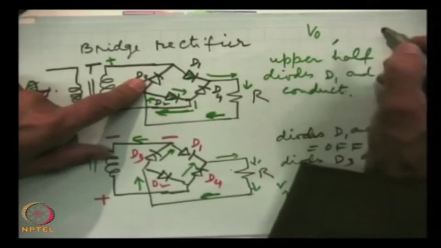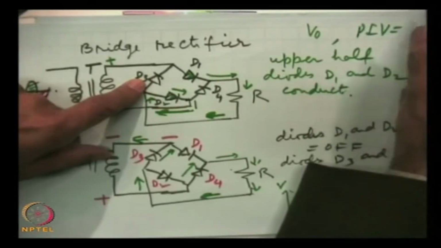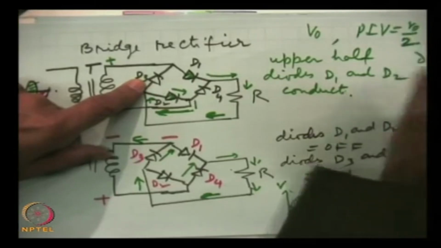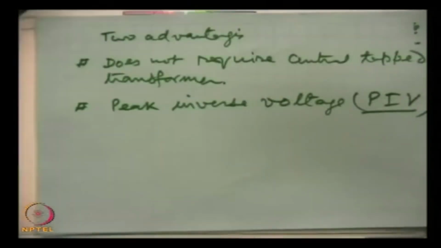So, the PIV in this case is much smaller. This will be V0 by 2, which is a much better factor as compared to the full wave rectifier. So, these are the two basic advantages of using a bridge rectifier.